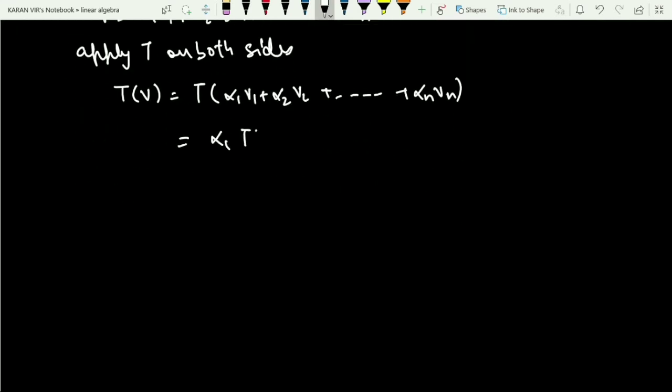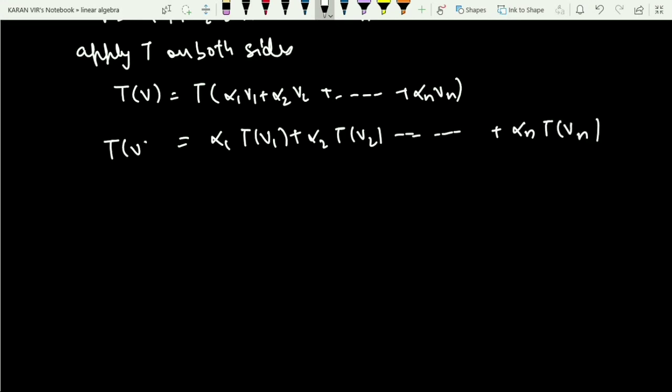So this will be alpha1 times T of v1 plus alpha2 times T of v2 and so on to alpha n T of vn. Why have I written this? Because by the definition of linear transformation, T of alpha v is always alpha times T of v, using this property. So I think this is clear now.